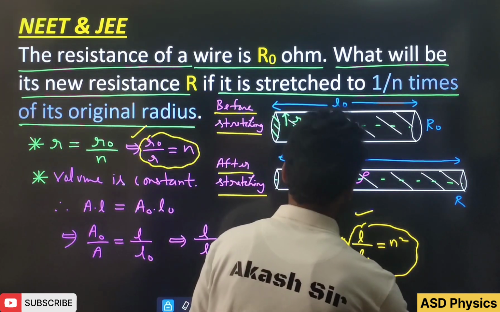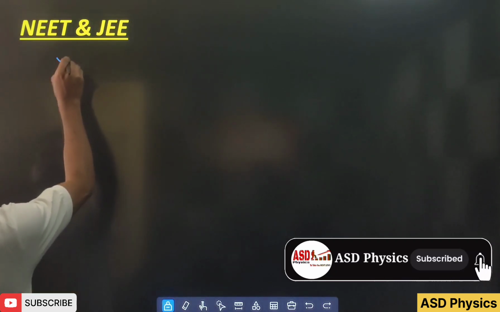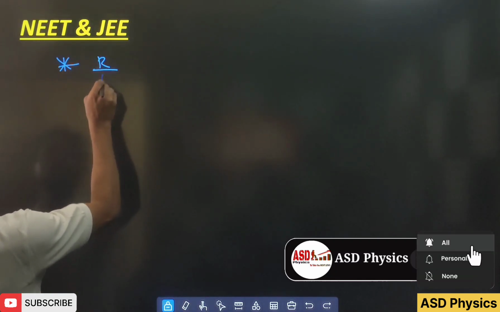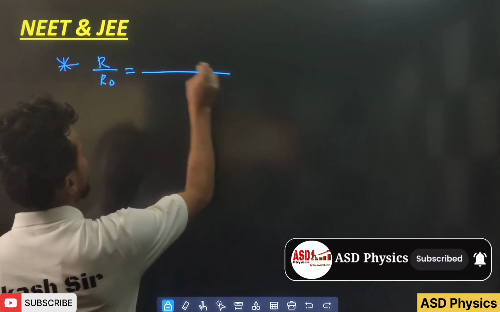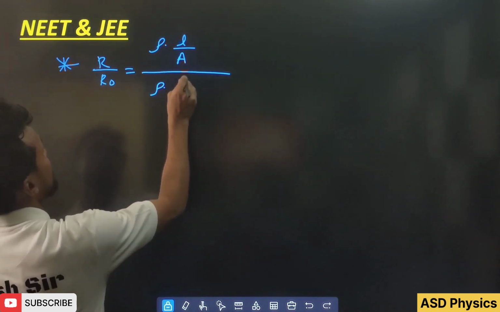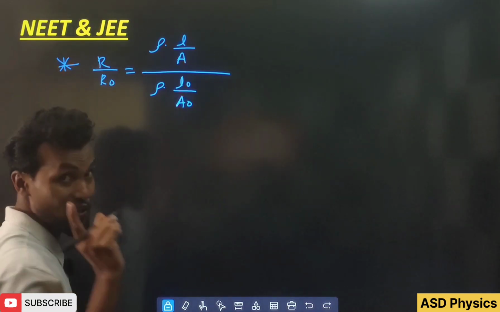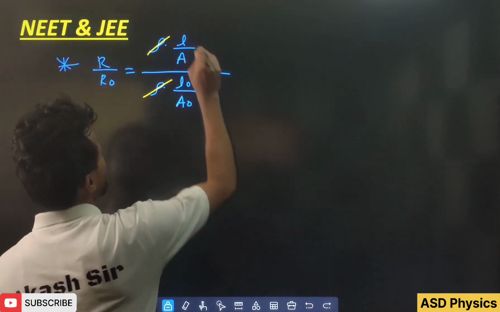Now again, what will we do here? Here students, again we'll write the ratio. So see here, R by R naught is equal to, again the formula, rho L by A, and here rho L naught by A naught. So students, what will cancel out? See here, this rho and rho cancel.